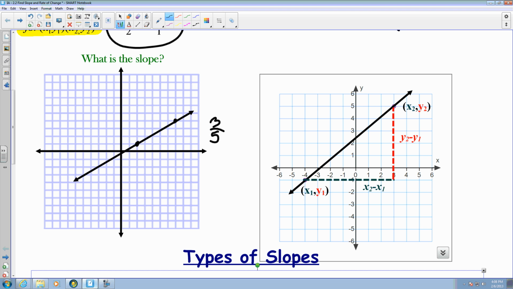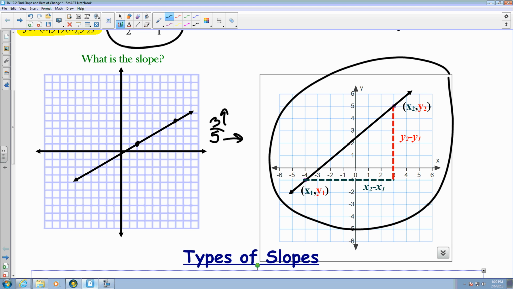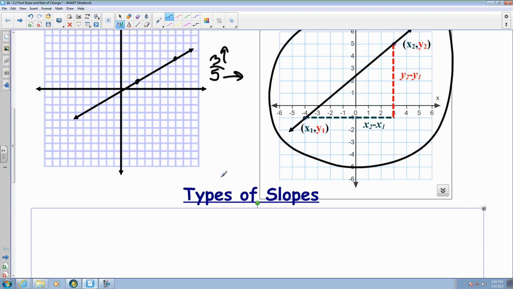So my slope for this particular line would be 3 over 5. So I'd rise up 3, and then I would go to the right 5. And this is a better representation of how we use our y2 minus y1 and x2 minus x1.